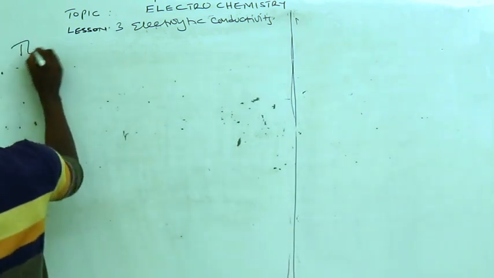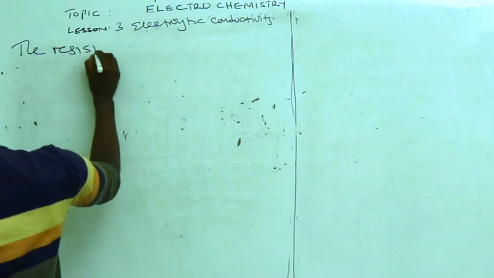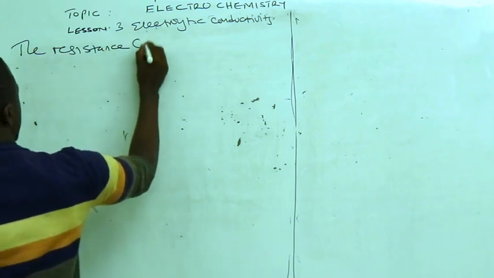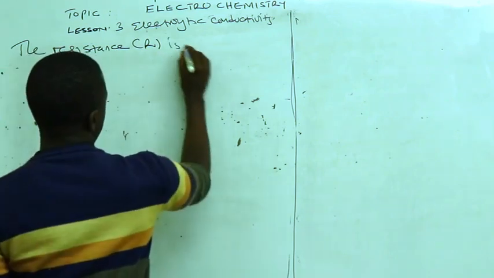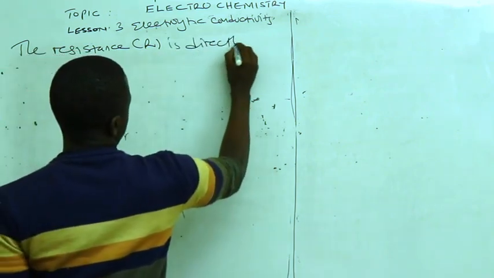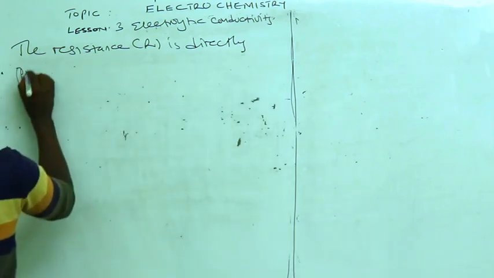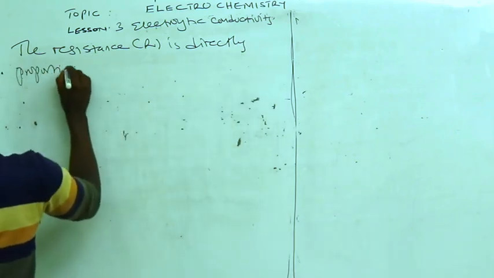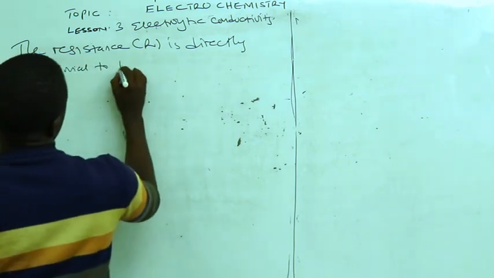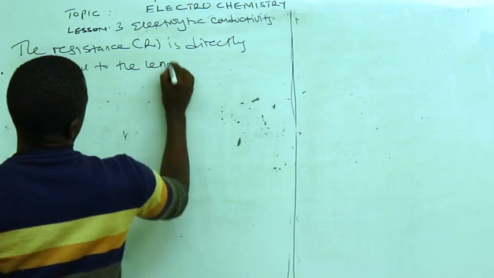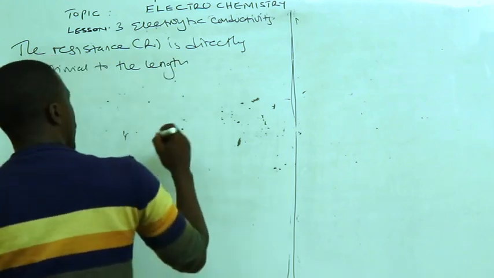The resistance, R, measured in ohms, is directly proportional to the length of a conductor.